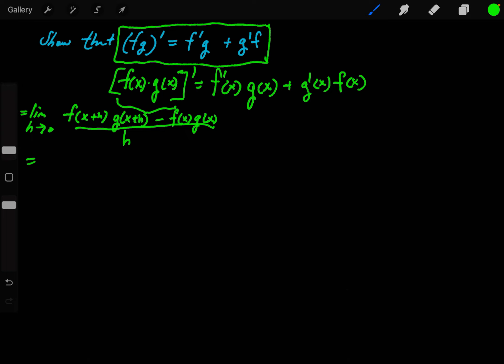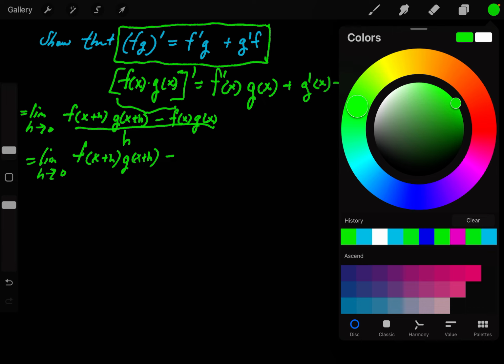But what we need to do is add in and subtract out this term. So I'll put in a different color what we're going to add in. So we've got f of x plus h times g of x plus h, and I'm going to put minus, in a different color, what I'm adding in and then just subtracting right out.